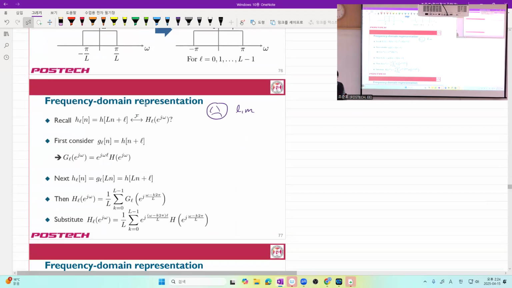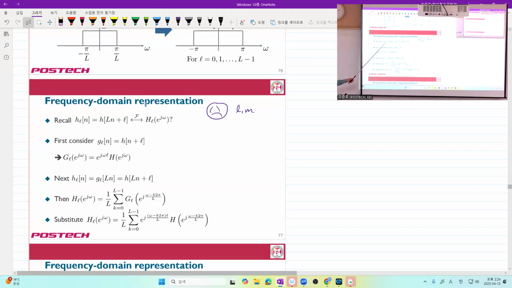An interesting interpretation of this filter bank approach can also be understood in the frequency domain. So let's do it. Let's call h sub L of n the Lth interpolation filter, sampled from the original interpolation filter.